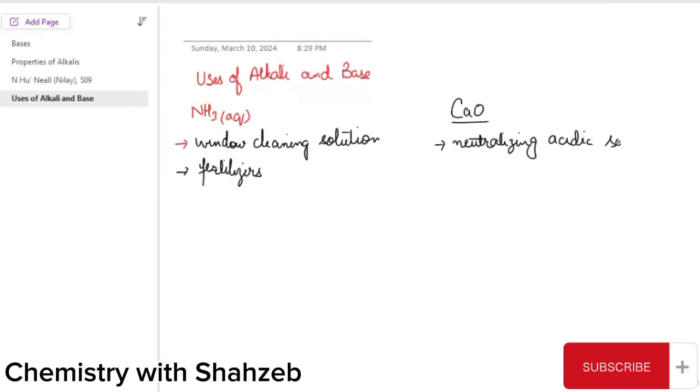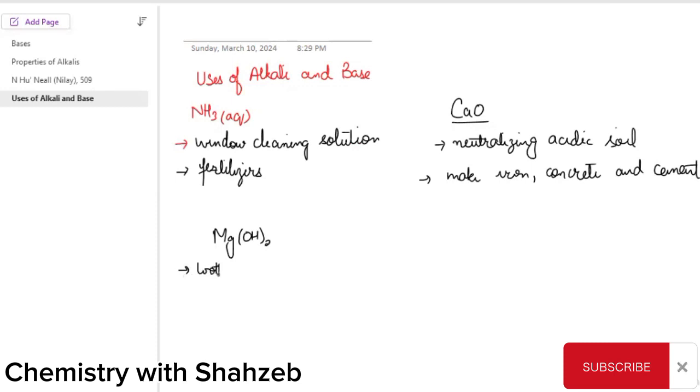It is also used in making iron, concrete and cement. Then we have magnesium hydroxide, which is used in toothpaste to neutralize the bacteria or the acidity present in our teeth.